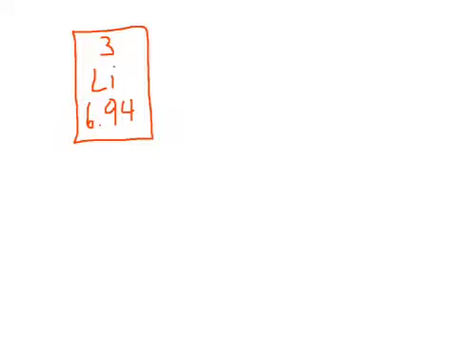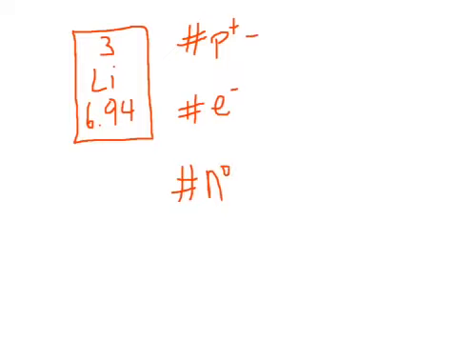So if I am trying to solve for the number of protons, number of electrons, and number of neutrons, we said the number of protons was equal to our atomic number. So that means I have 3 protons in this case.